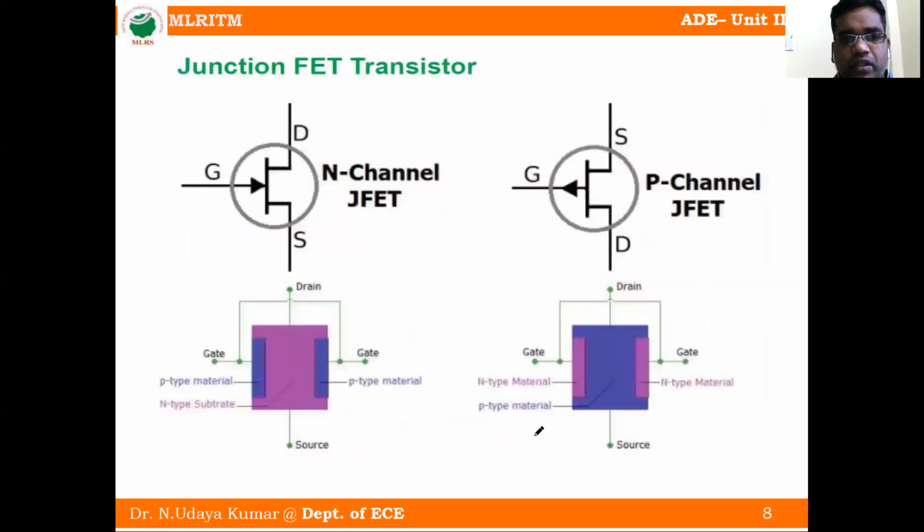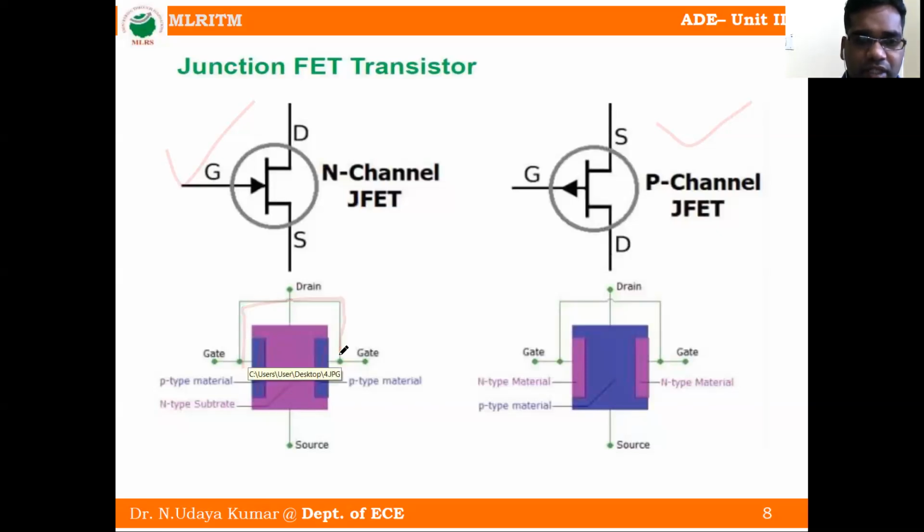Now you can see a graphical representation of the junction FET transistor, that means JFET. This one is an N channel JFET because the arrow, the conventional current direction, is towards the bar. This is the P channel JFET. You can observe the colors. The blue color is the gate, and both terminals are shorted.